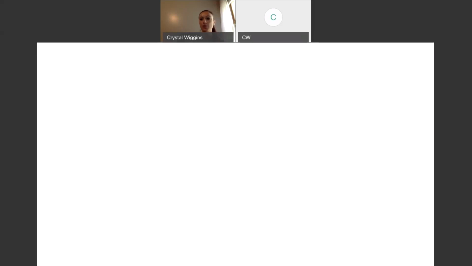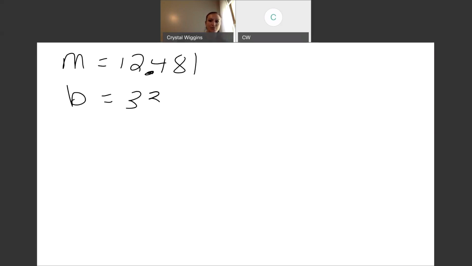We saw the slope and the y-intercept. The slope, m, Rguroo told us was 12.481, and the y-intercept was 33.683.